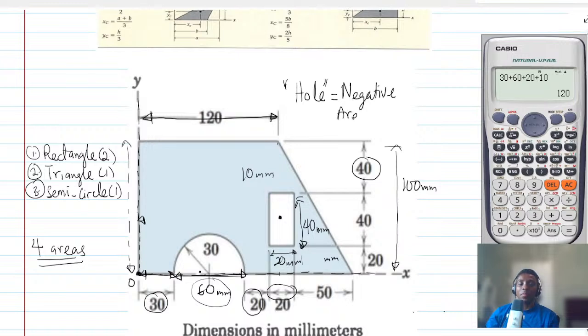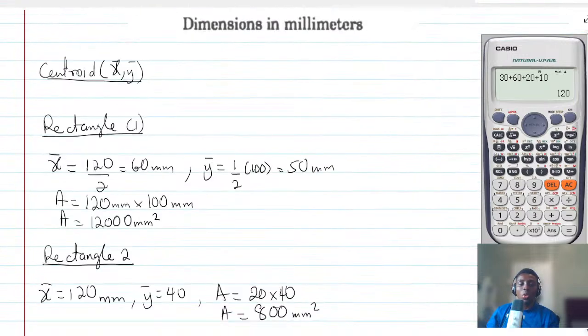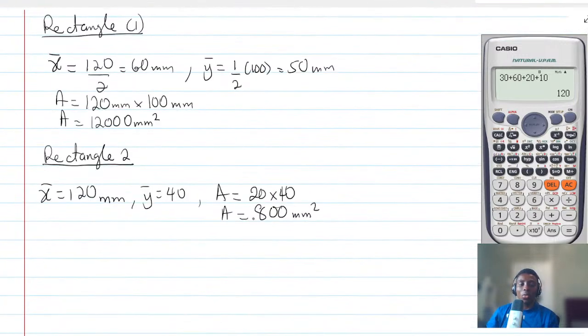All the time, whenever you have an area which is like this, then it's actually a negative area. So all we are going to do is to negate it. That's all. So the area will become negative. Why? Because there is a hole.